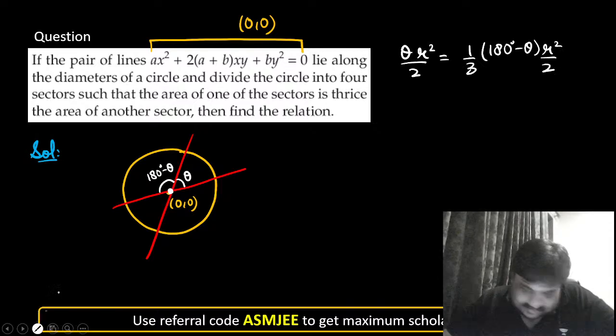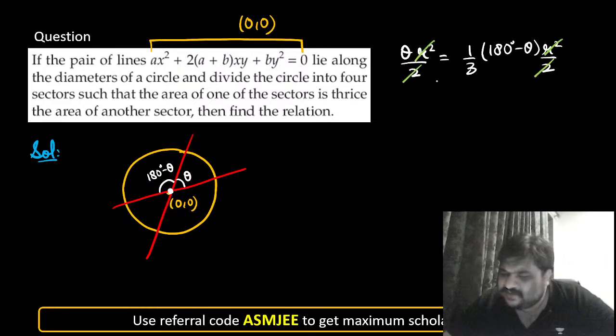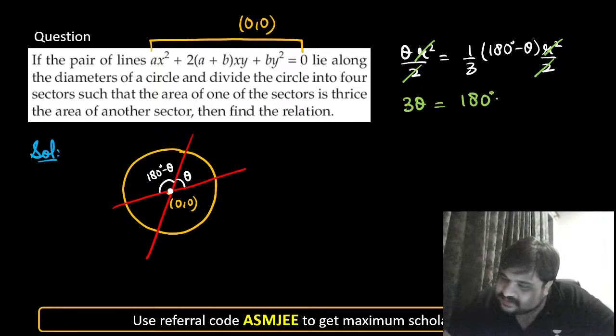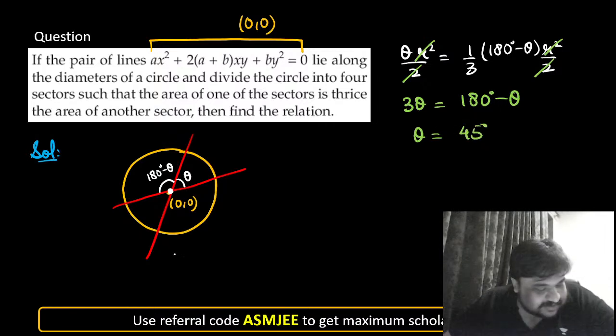So r square gets cancelled, 2 gets cancelled. I should have taken in radian, but that's okay. Won't matter in this question. So 3 theta is 180 minus theta. So theta comes out to be 45 degrees. So that means this angle is 45 degrees.